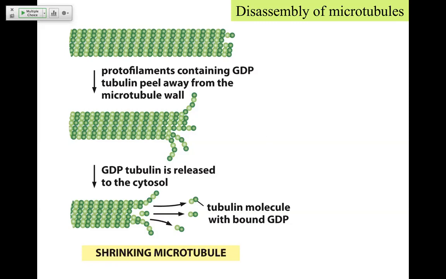There may be other proteins that will help bring in more GTP bound or help with affinity of GTP bound. But about 50% of all tubulin heterodimers are present in this pool. 50% of all tubulin is present as free tubulin in the cytoplasm.